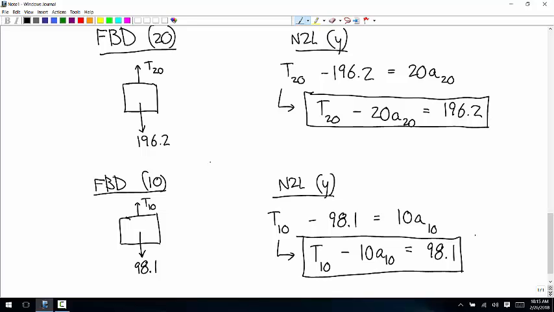Okay, so what do we have at this point? Last time we had two equations for three variables. Now we have two equations for four variables.